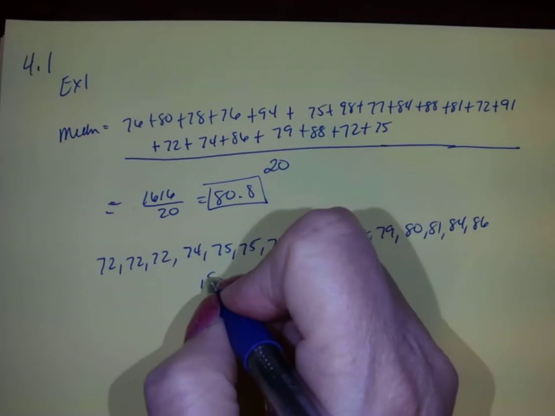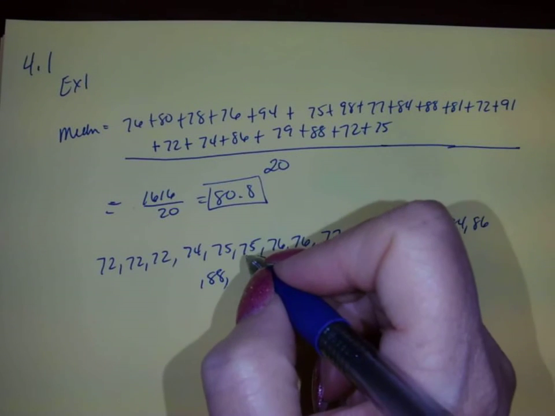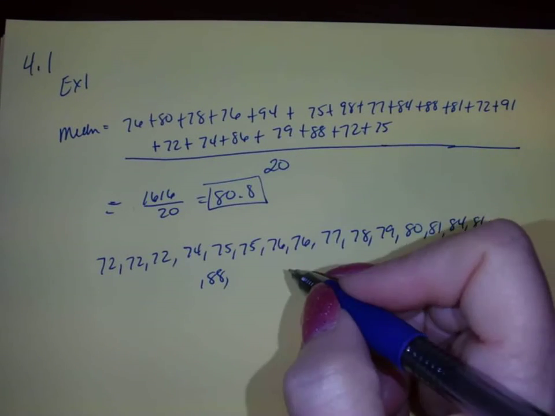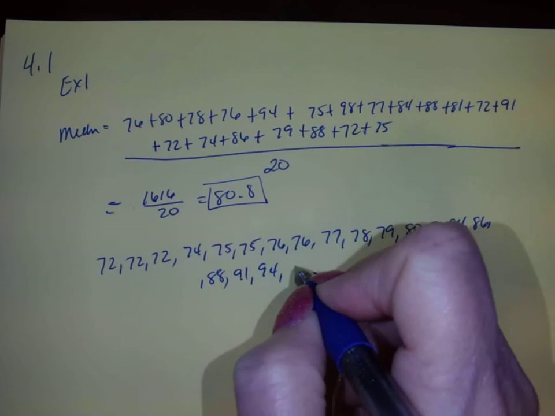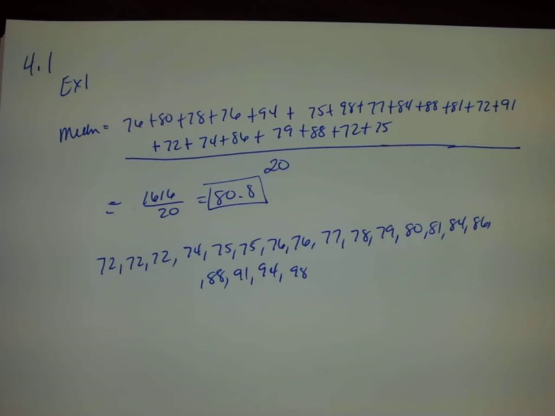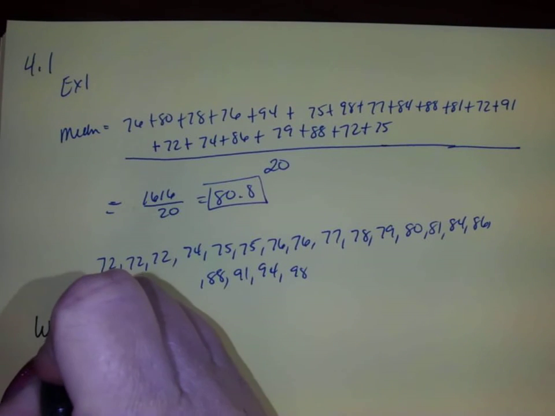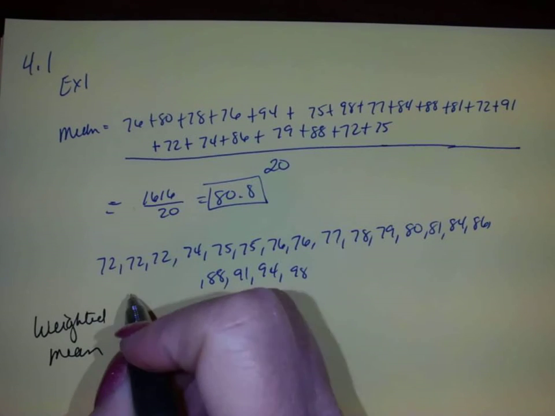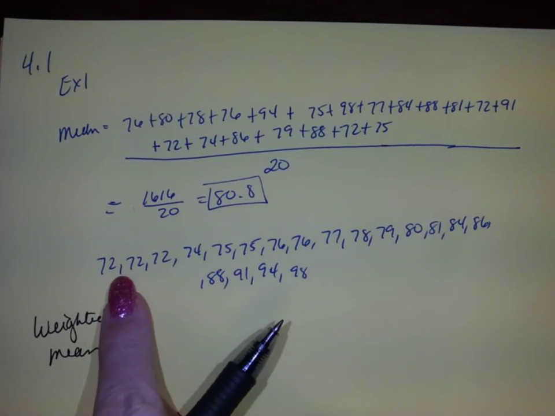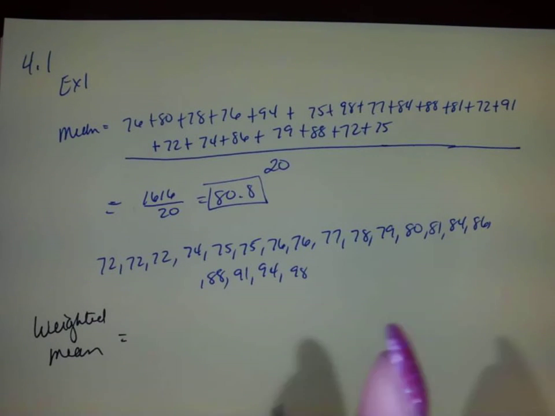Then we have 2 88s and a 91, a 94, and a 98. All right, so to do our weighted mean, we're going to use the number of times it occurs, the frequency.